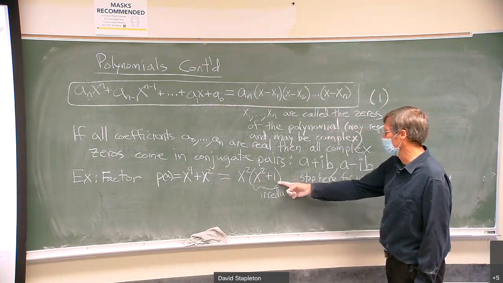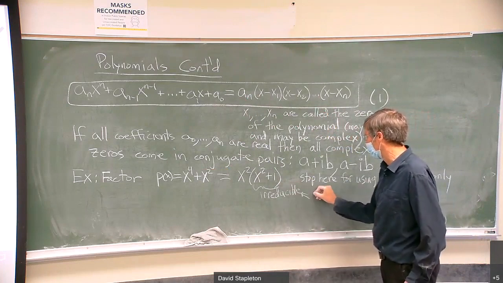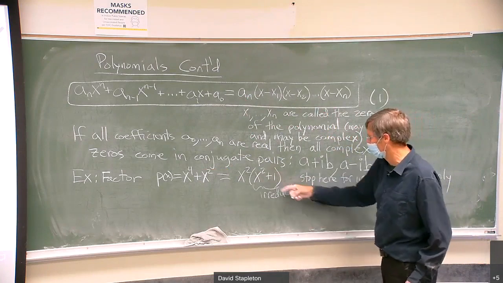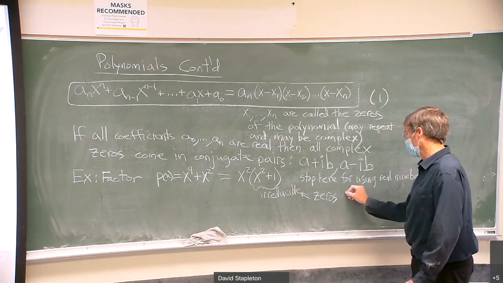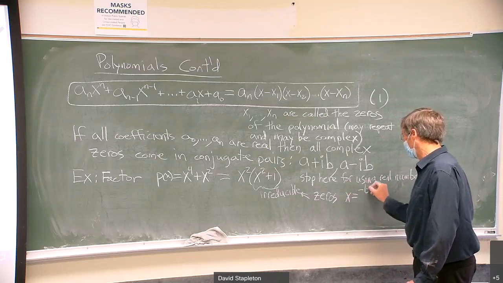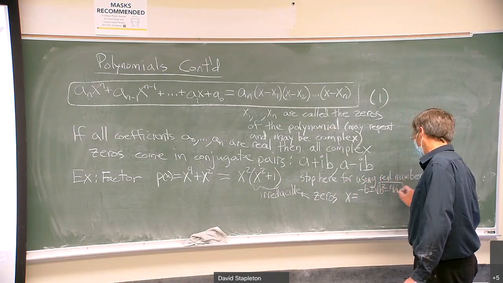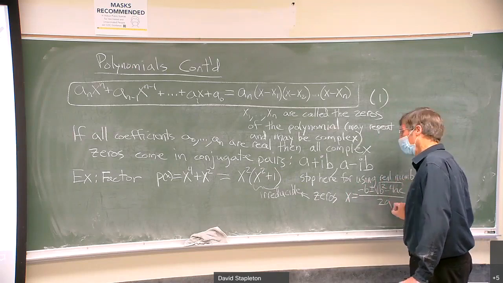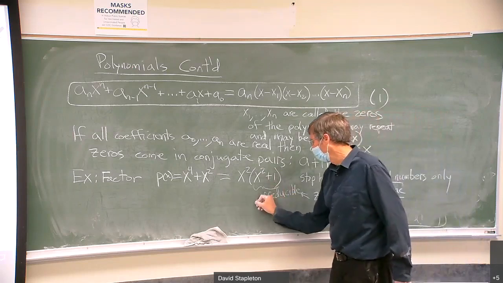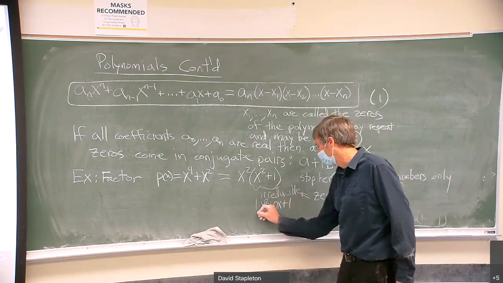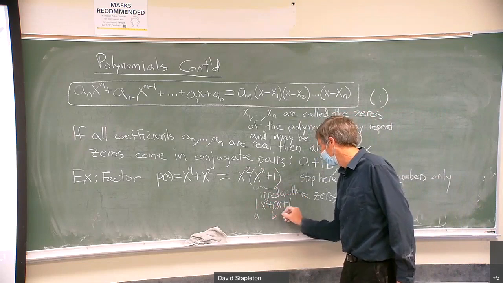On an irreducible quadratic, you can find the zeros by using the quadratic formula. Right? The zeros are what make this equal to 0. So the zeros are x equals minus b plus or minus square root b squared minus 4ac all over 2a by the quadratic formula. Where this is 1x squared plus 0x plus 1. So a is 1, b is 0, and c is 1.